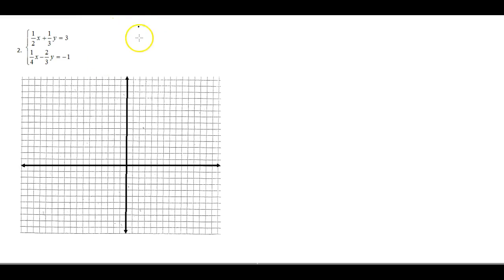All right, so for our first equation here, we have 1/2 x plus 1/3 y equals 3. If we look at 2 and 3, the lowest common denominator between 2 and 3 is 6.